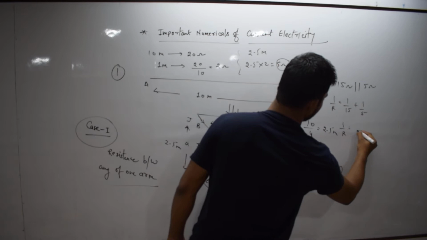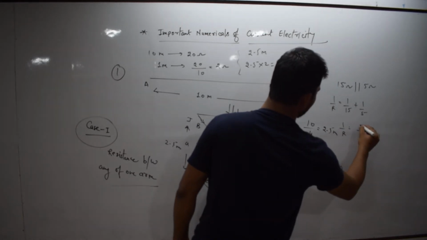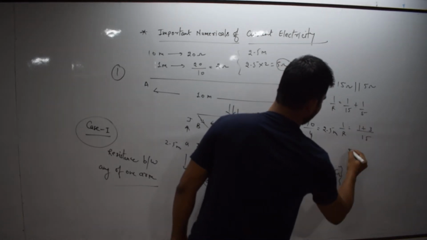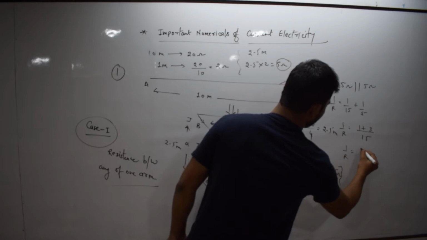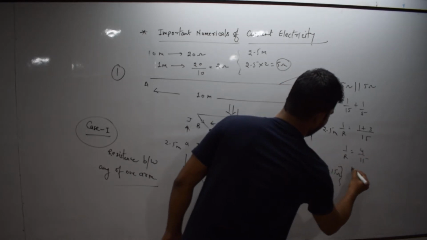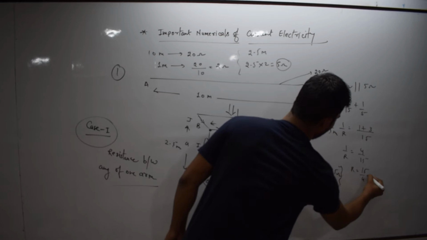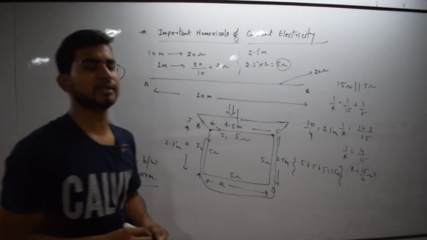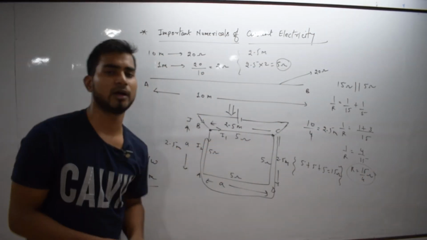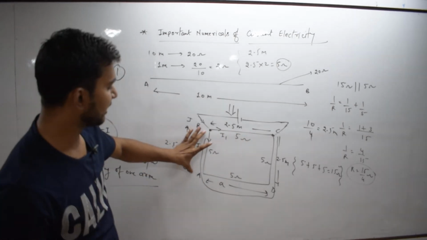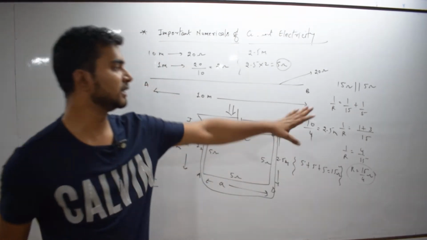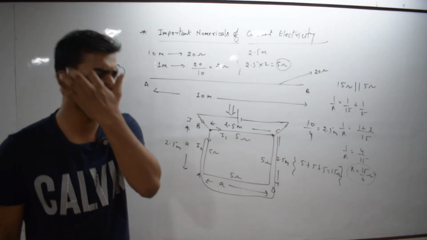So 1 upon R is equal to 1 plus 3 over 15, that is 4 upon 15, and R is equal to 15 by 4 ohm. This is the resultant resistance between any one arm, whether it is BC, AB, AD or CD. So this kind of question can come, and it is important, I think.